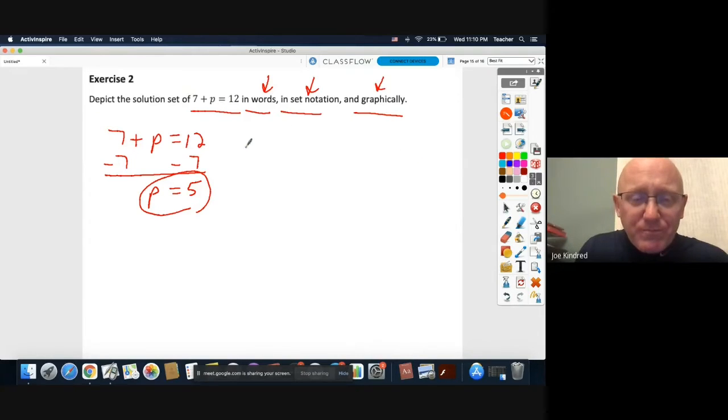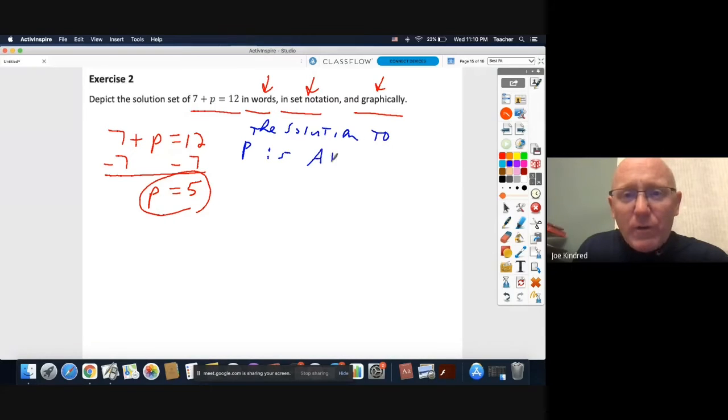In words, the solution to P is all real numbers where P is equal to 5.